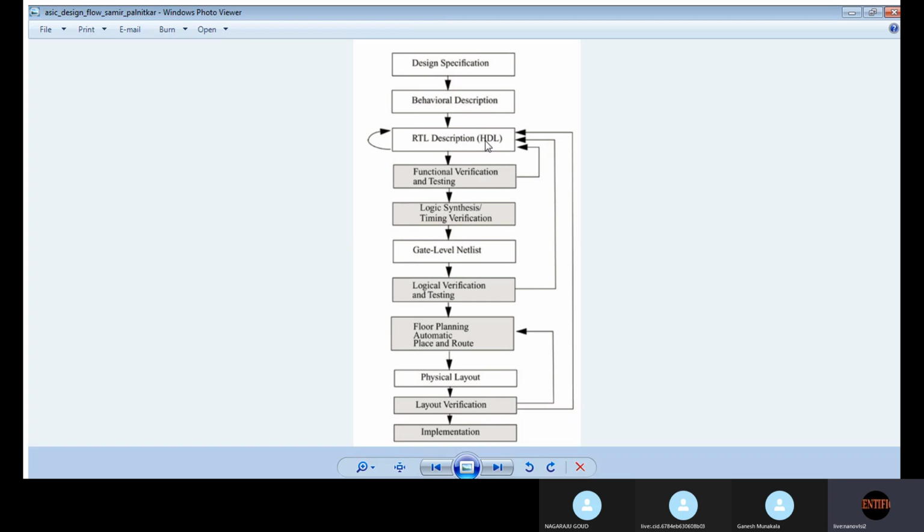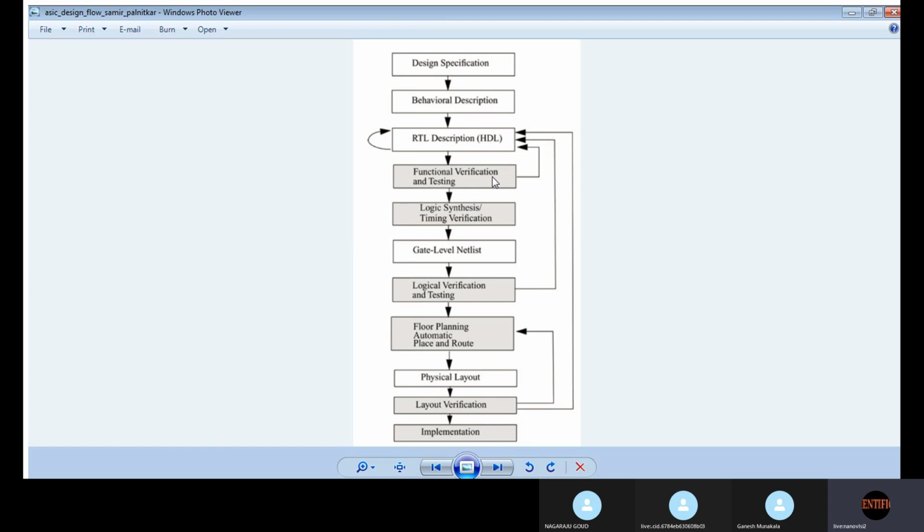Next, after they have written the code, testing of that code will be done. Whatever Verilog program you have written for a specific adder, functional verification will be done: whether for a specific set of inputs you are able to get the proper outputs or not.